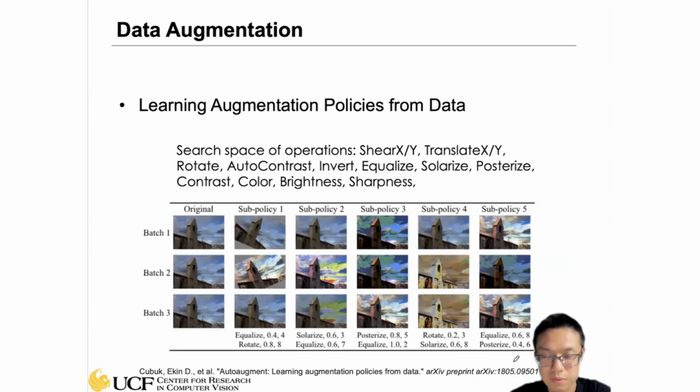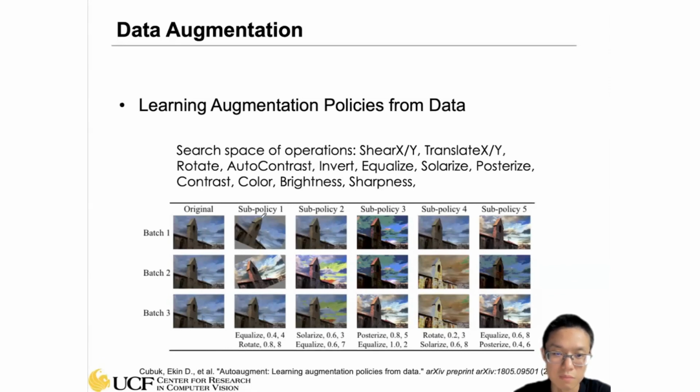And in this paper, instead of doing these handcrafted, designed strategies for the augmentation, they learn the augmentation policies from the data. So they're using a set of operations, and they train a policy using reinforcement learning. What kind of operations can we do so that the augmented data can mostly help the model training?